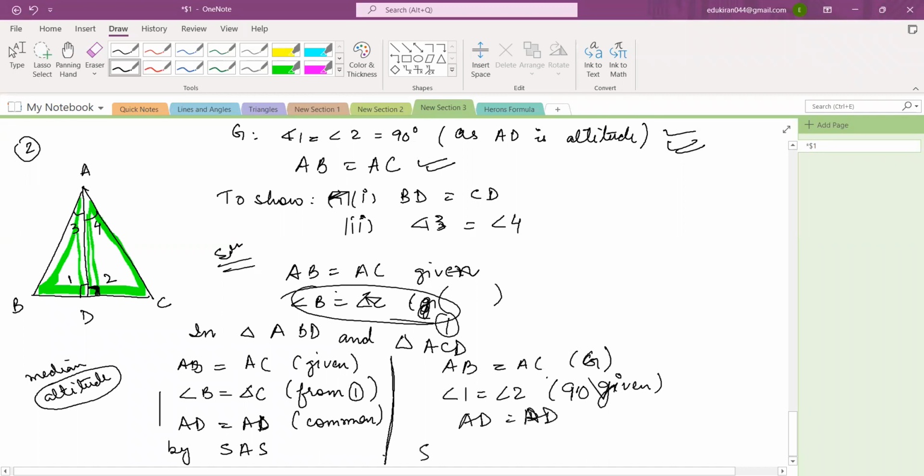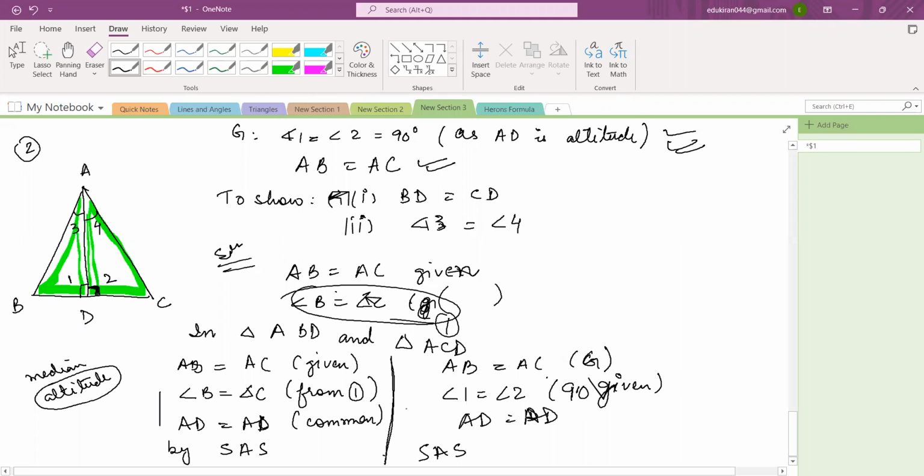So this is also SAS criteria, but I have used different angles here. Here I'm using angle B and C. Here I am using angle 1 and 2. Anything you can do because it doesn't matter. Sometimes more than one criteria is possible for the same triangles.